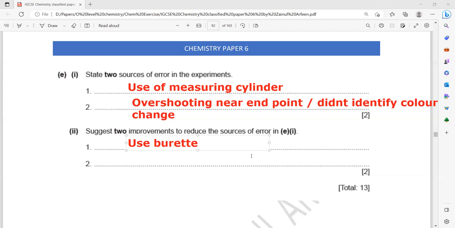And another thing, add a small quantity or drop by drop near the endpoint. Yeah, repeat and take the mean or average is also another one.